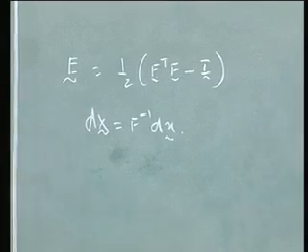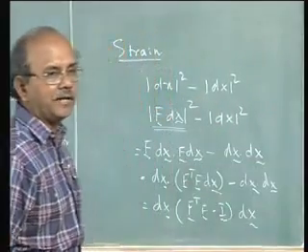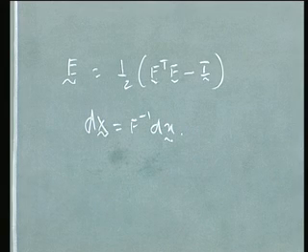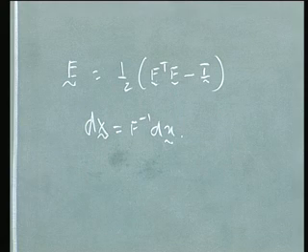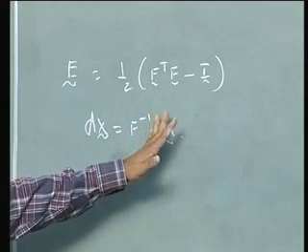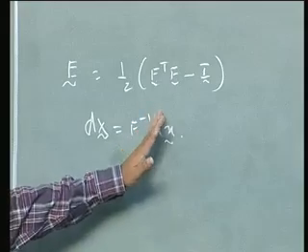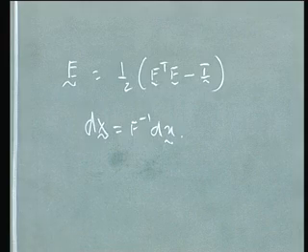Just try it out: look at these equations, substitute that, and see what definition you get out of it. E is defined as half into F transpose F minus I. I will show you how this E is equivalent to that of the small strain case when the deformation is small. Just wait for a minute.